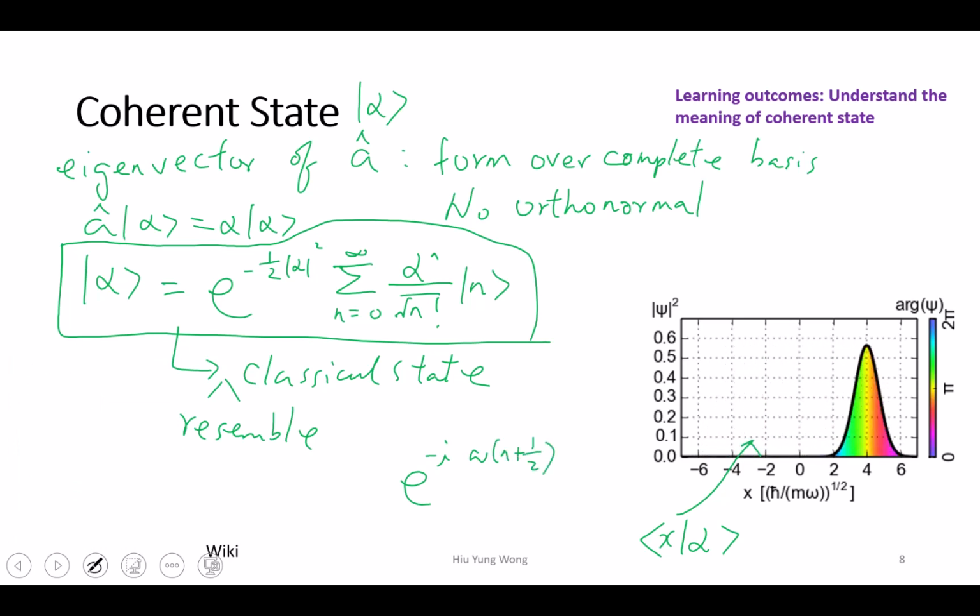I think I need to check. It will oscillate each of the waves, because this is the state itself, and then you add them constructively and destructively. And that's how you get this one.